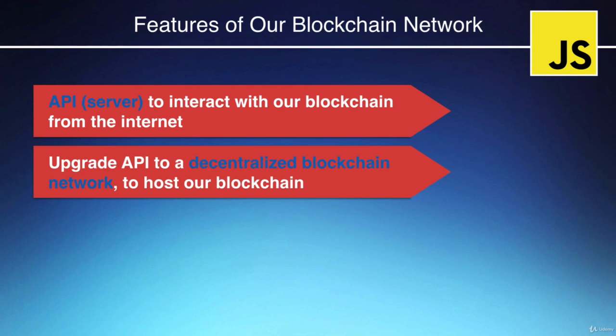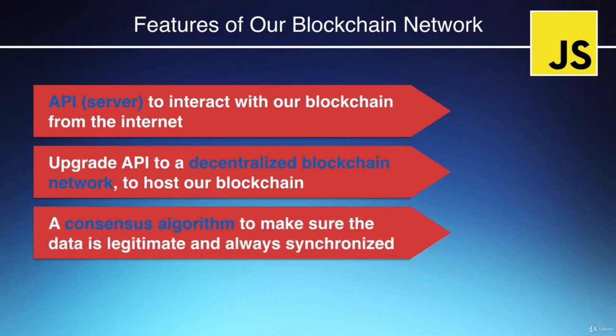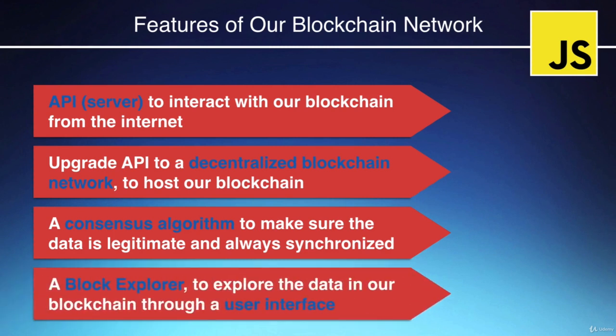We will also create a consensus algorithm to make sure that the data across our entire decentralized blockchain network is legitimate and always synchronized. And finally, we will create a Block Explorer web page so that we can explore the data in our blockchain by using a graphical interface.